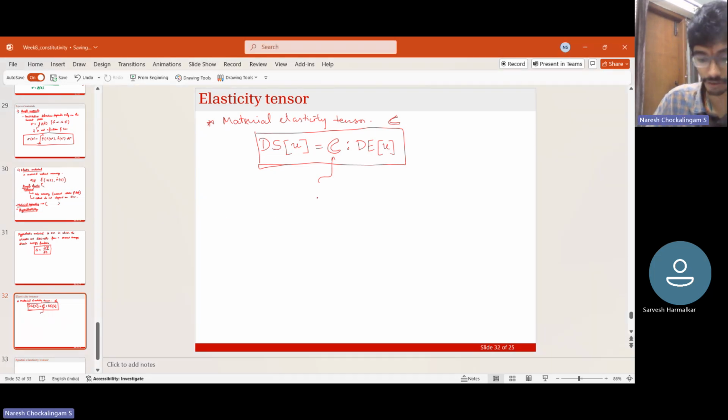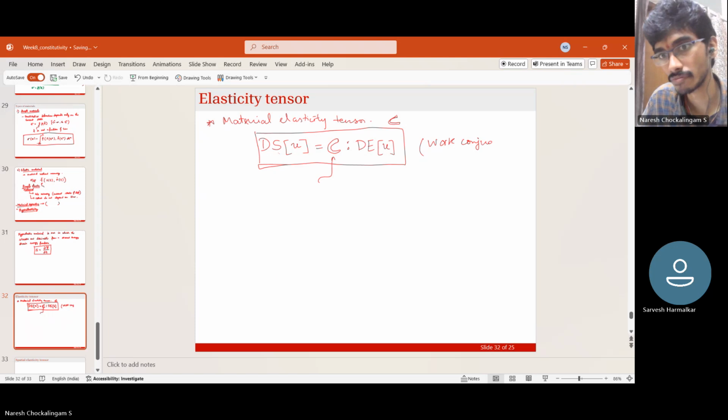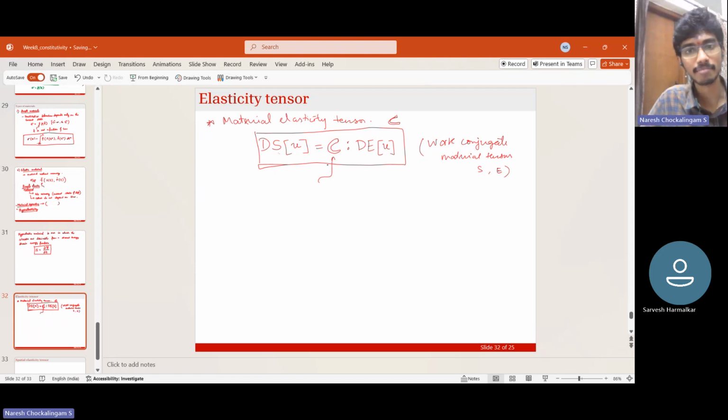Note that this S and E are material tensors. They are material tensors and work conjugate with respect to the undeformed volume. They are work conjugate material tensors. Therefore, since S and E are material tensors, the elasticity tensor bold C is also a material tensor.